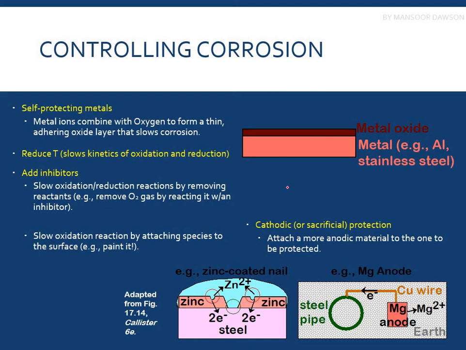As you can see in this figure, the metal in stainless steel forms an oxide layer. In stainless steel we have chromium, and the chromium forms a chromium oxide layer that protects the metal from further degradation from the corrosion environment.